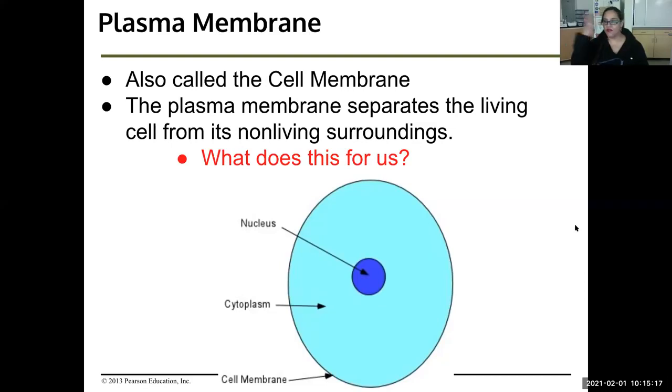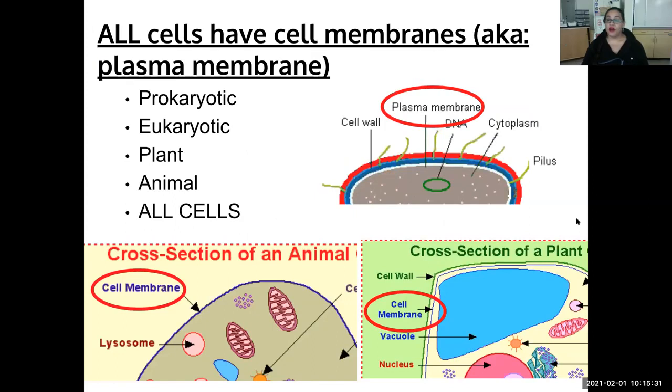For us, it keeps all of our muscles and organs and stuff in, that keeps bad stuff out, or it's supposed to, which it does most of the time. For the cell, it's the cell membrane. All right, all cells have cell membranes. Prokaryotic, eukaryotic, plant cells, animal cells, all cells.